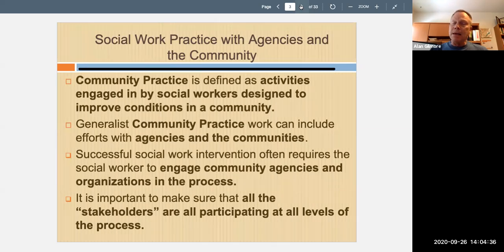So in any community, you want to be looking at the schools, you want to be looking at the churches, you want to be looking at other social service organizations that might exist within that community. You want to be looking at local community government. So if you're working in a smaller community or even in a city as large as Fresno, you'd want to find out who is the representative on the city council that represents the area of the neighborhood that I'm looking to work in.